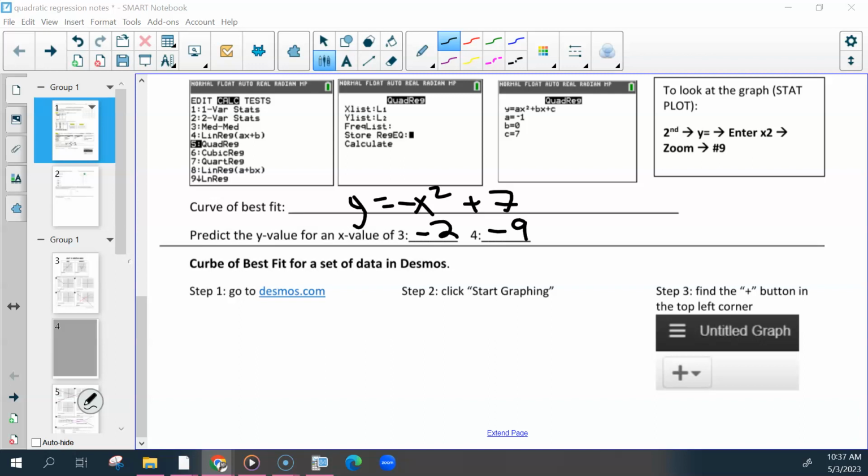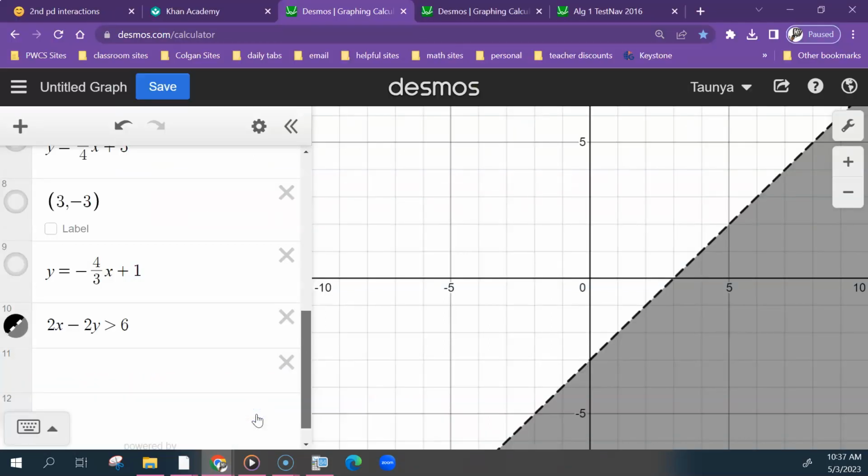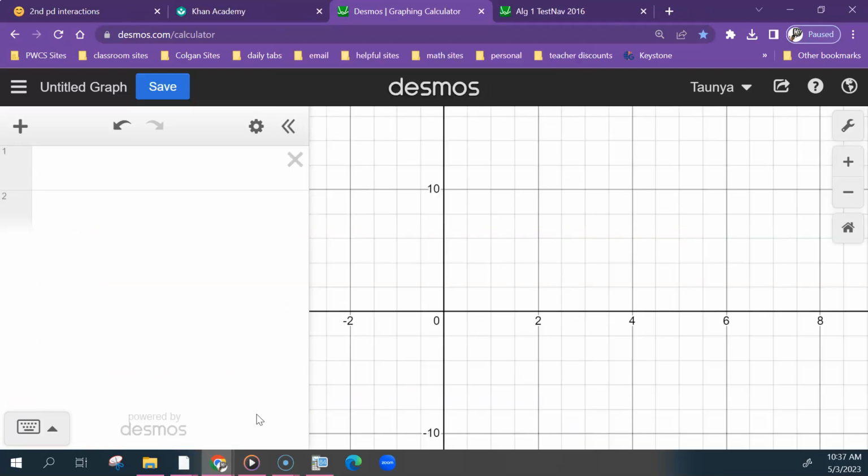We're going to do that same problem, but now in Desmos. So in Desmos, just like your line of best fit, you're going to go to the plus and add in the tables.